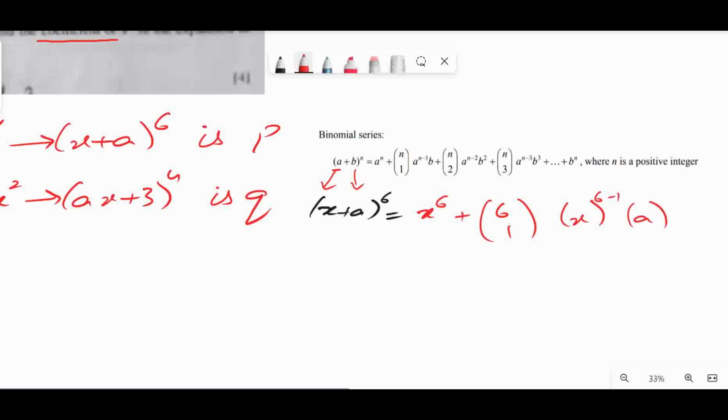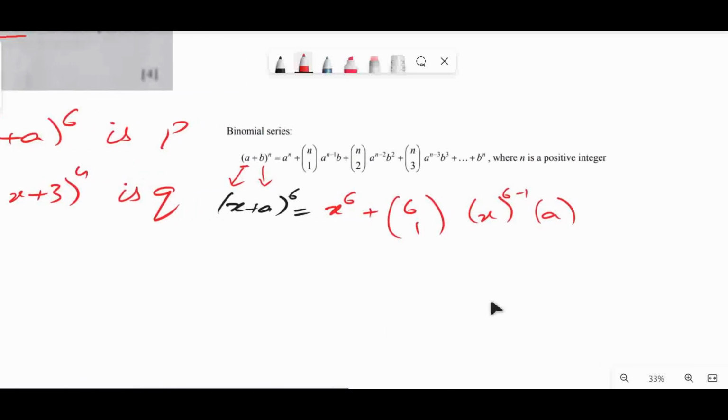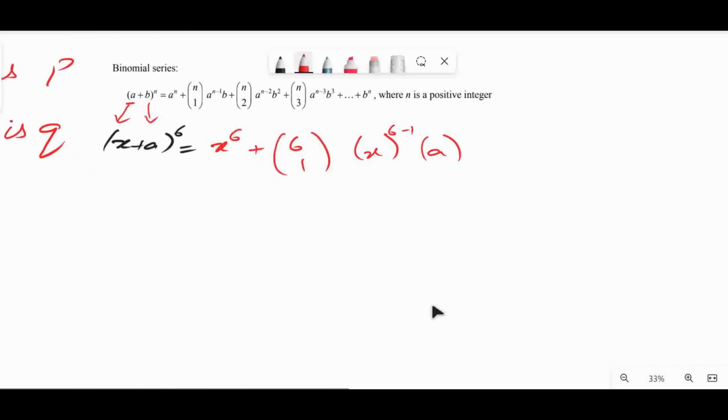Let's expand it further, because this will be the coefficient of x^5. Plus 6C2 x power 6 minus 2 a^2. You can clearly see that we are interested in the coefficient of x^4, so this is the required term.